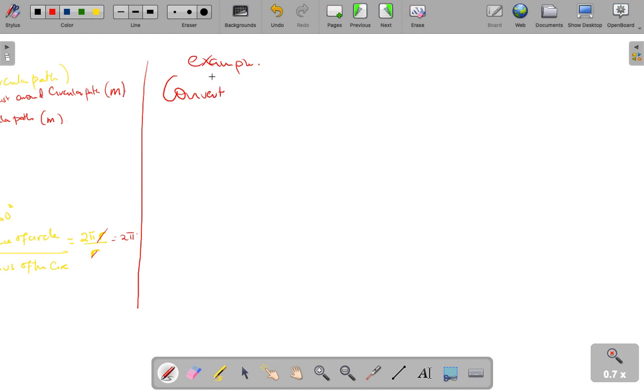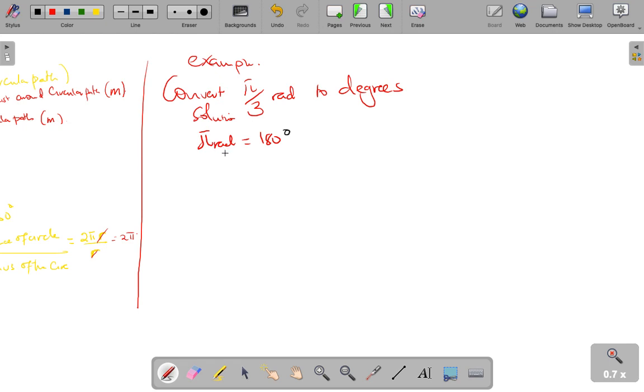Convert pi over 3 radians to degrees. I just created this question. We know that pi radians is 180 degrees.